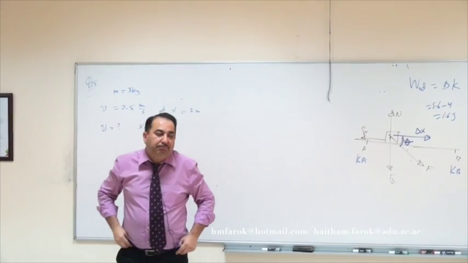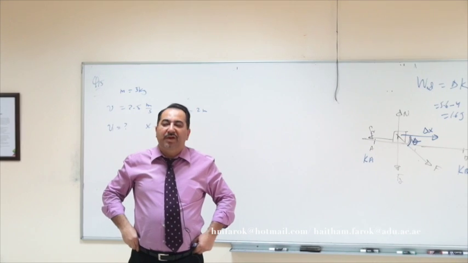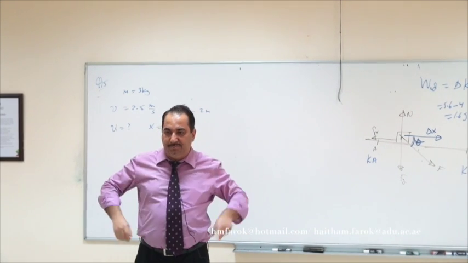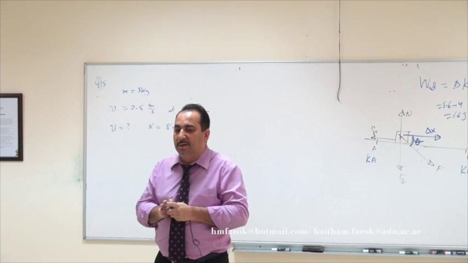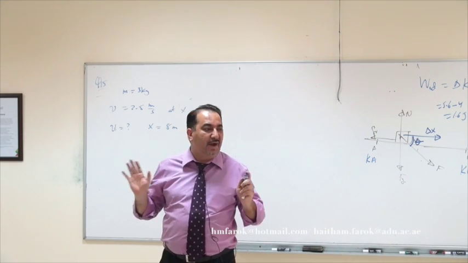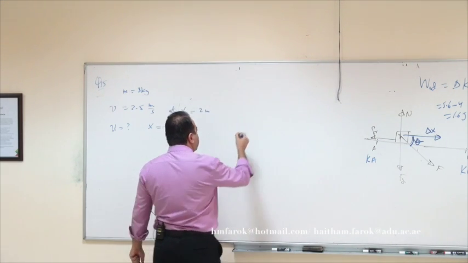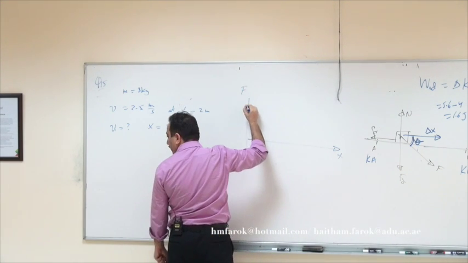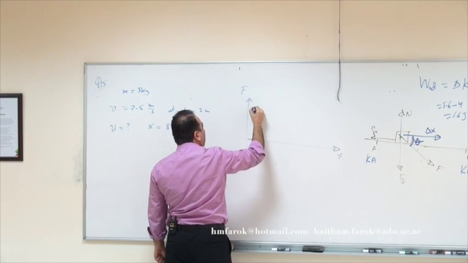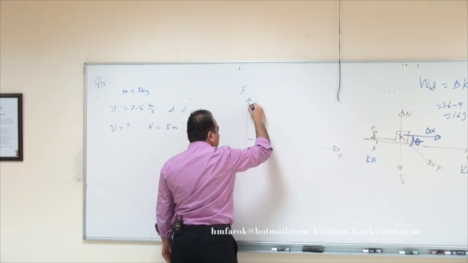This is the standard way of solving this question. Whenever you have a force with position graph, what is the first thing you can calculate? Area under the graph. So each time you see force with position, like this question now, something like that.